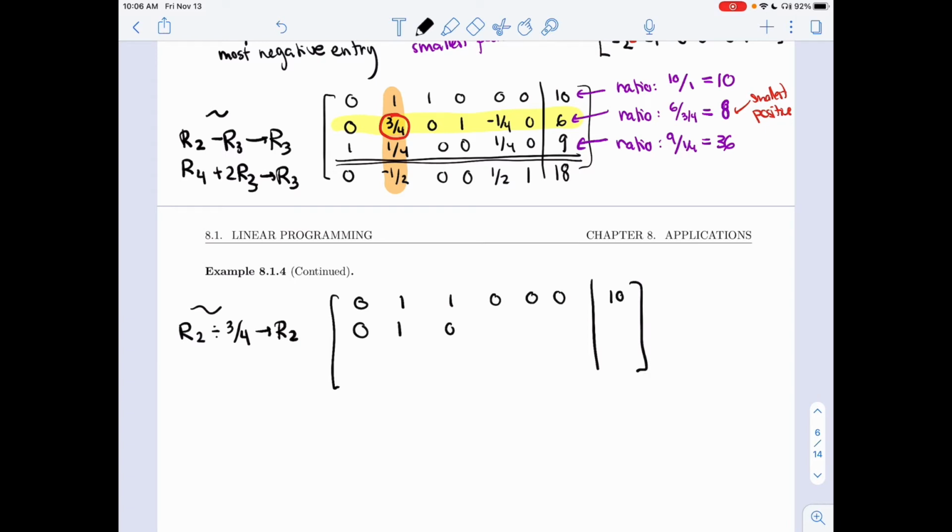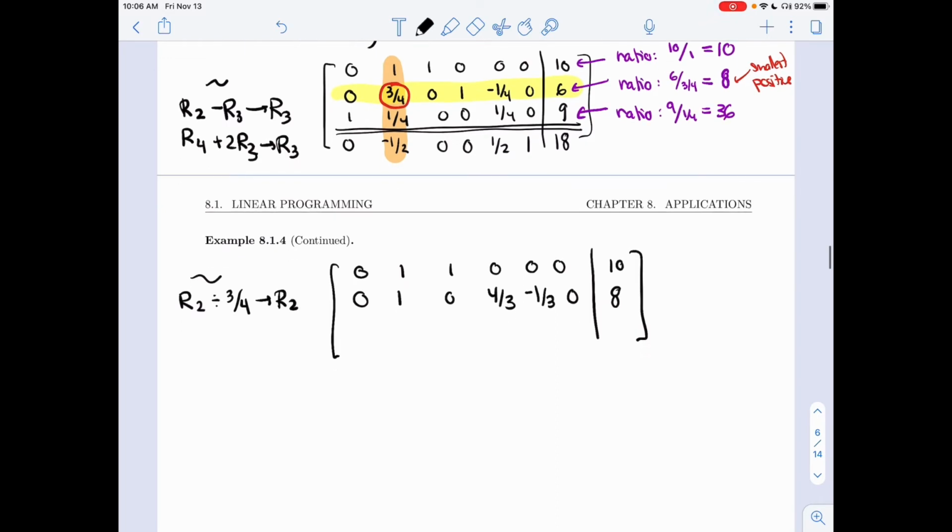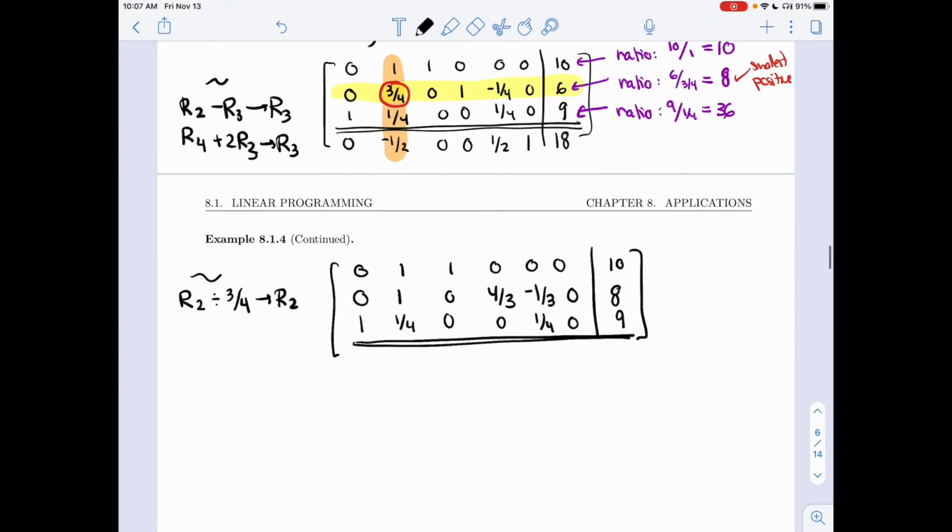Second, I'll get 4/3, times minus 1/4, so that's -1/3. Then 0, 8. And then the other one hasn't changed yet, and the bottom row doesn't change either.